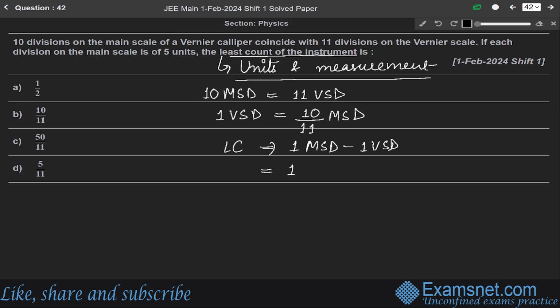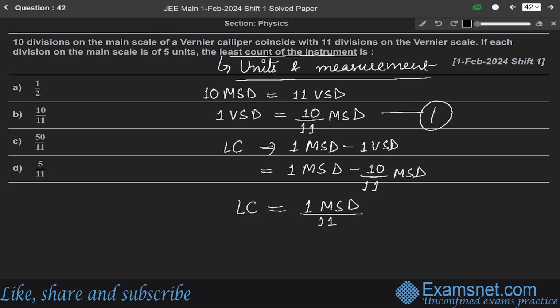So it will be equal to 1 MSD minus 10 over 11 MSD, from equation 1. So it will be equal to 11 MSD minus 10 MSD, that means 1 MSD over 11. So least count is equal to 1 over 11 MSD. One main scale division is 5 units, so it will be equal to 5 over 11. So our correct answer is option D.